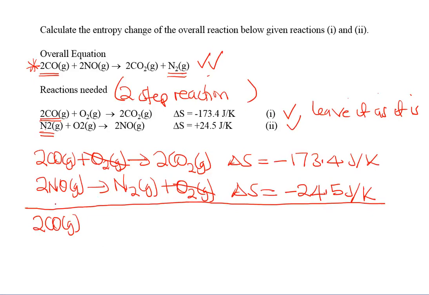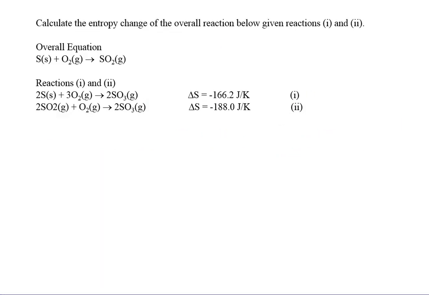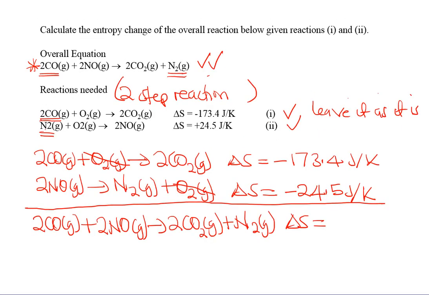So on the left side here, I have 2 carbon monoxide and 2 nitrogen monoxide, which is also a gas. That gives me 2 carbon dioxide here and nitrogen.